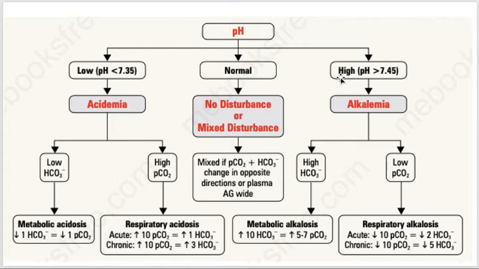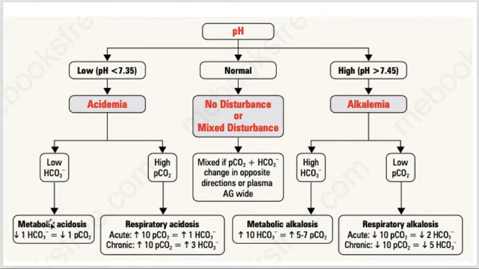Remember that abnormality of the pH can be due to different problems: respiratory problems, kidney problems, or problems of metabolism. Whenever the problem is respiratory, we call it respiratory acidosis or respiratory alkalosis. Whenever it is due to other metabolic problems, we call it metabolic alkalosis and metabolic acidosis.